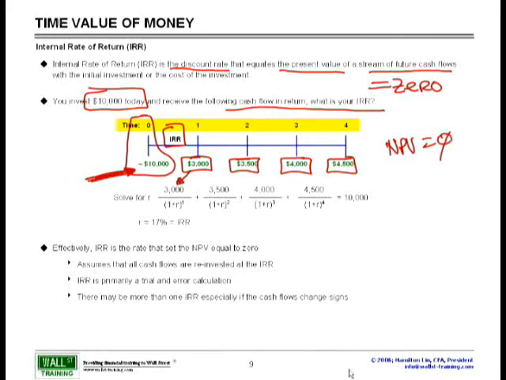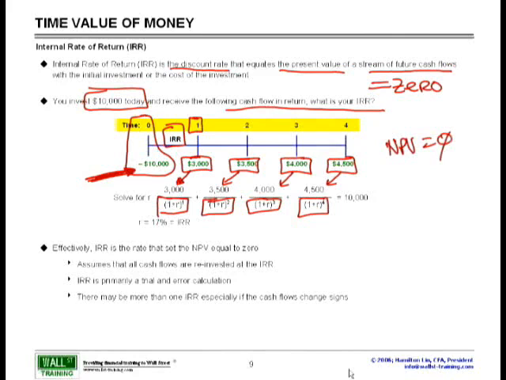You will first take your $3,000 and you will discount it by 1 plus R to the first power. Why the first power? Because that's the first time period. You would then do the same thing for the other cash flow periods: 3,500, 4,000, and 4,500, all divided by 1 plus R, now to the second, third, and fourth power.